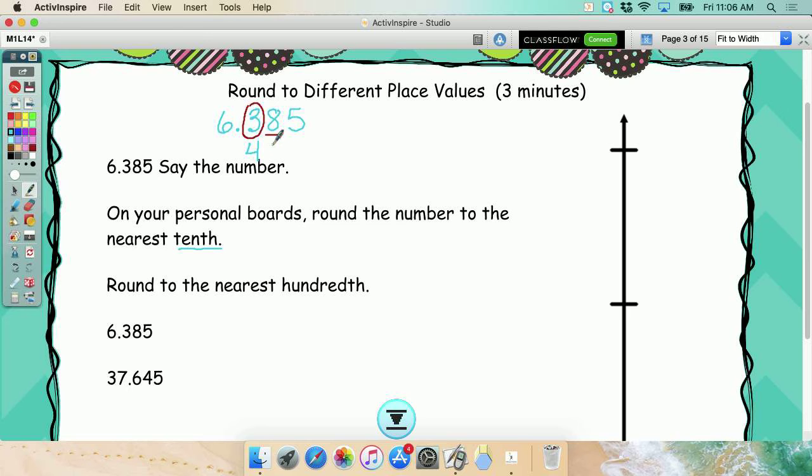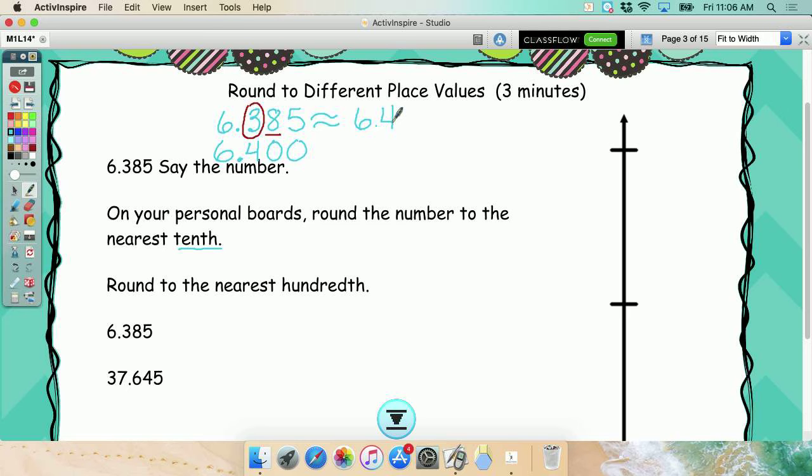Now flex your muscles like a hero. Digits to the right change to 0. All the other digits stay the same. Yo, you're a winner in the rounding game. What's my answer, Cesar? 6.4. You don't have to write those 2 zeros, okay?